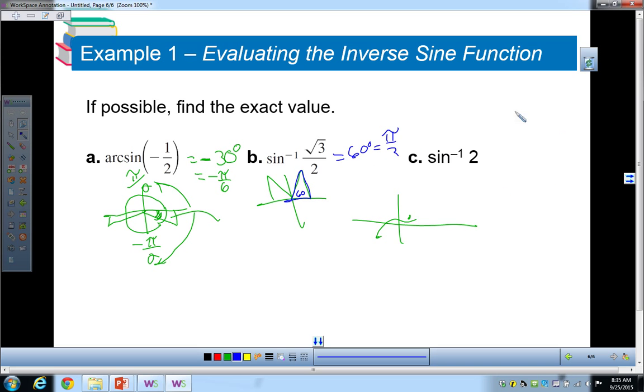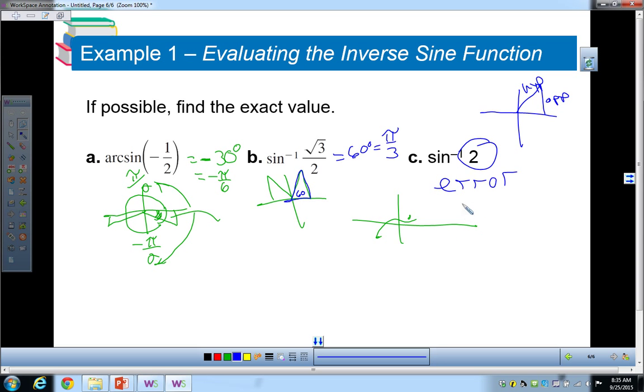When you're looking at sine, sine is the opposite side over the hypotenuse, right? The opposite side is never going to be bigger than the hypotenuse, so sine only goes between negative 1 and positive 1. So if I try to take an inverse sine of 2 and plug it into my calculator, I'm going to get an error.